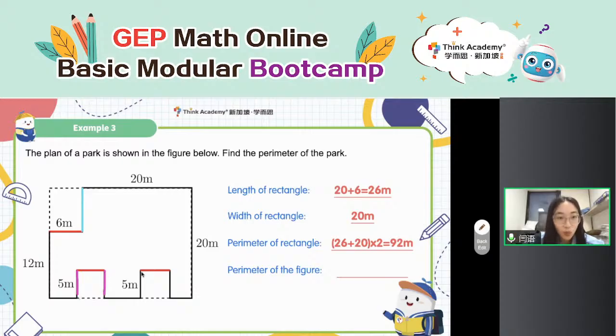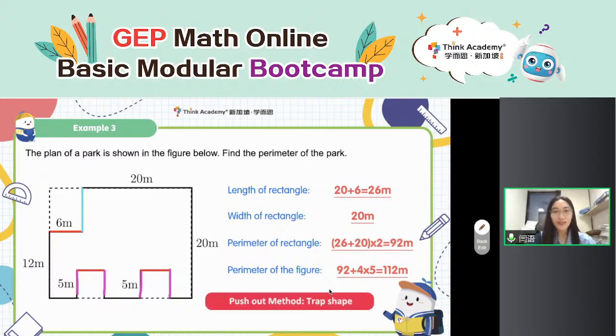Okay, let me highlight 1, 2, 3, 4. Then based on 92 meters, you must add 4 more 5 meters. So what is the final answer? It should be 92 and then plus 4 times 5. So the final answer should be 112 meters.